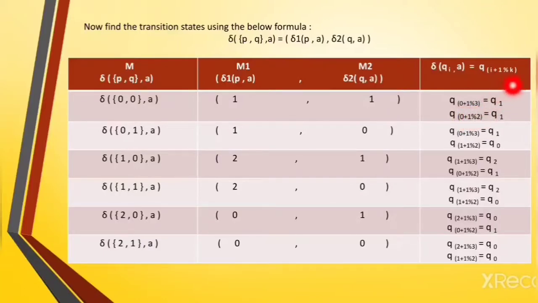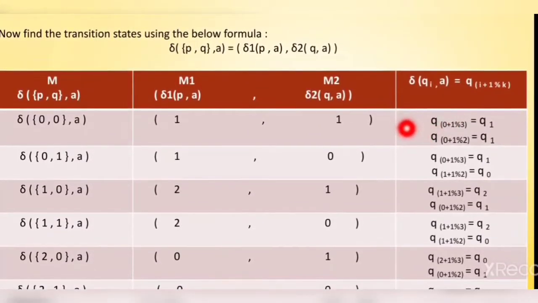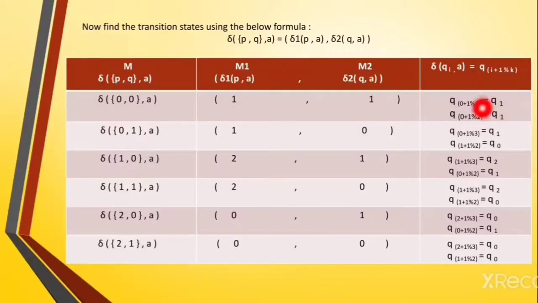Why 3? Because in the given problem there are two conditions, w mod 3 and w mod 2, so here the k value is 3 and for the other the k value is 2. After computing this, we get delta of (0,0), a equals 1,1.